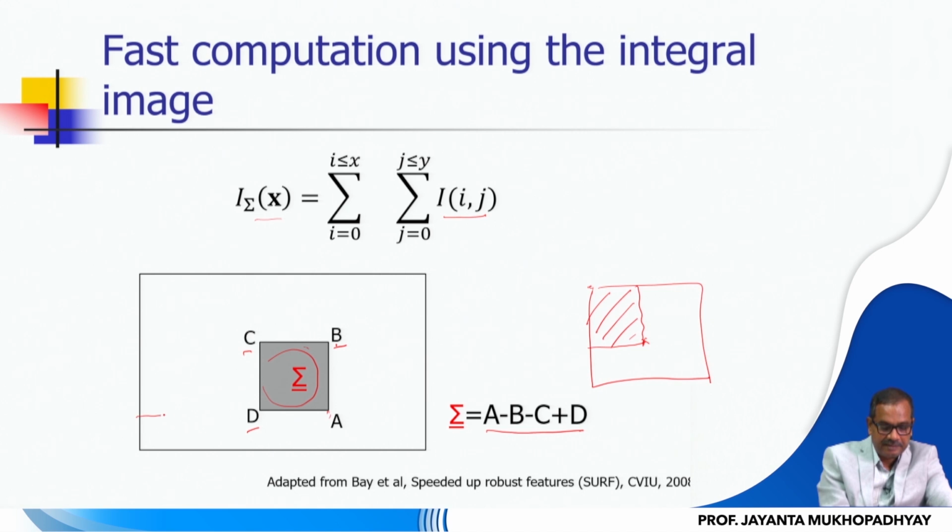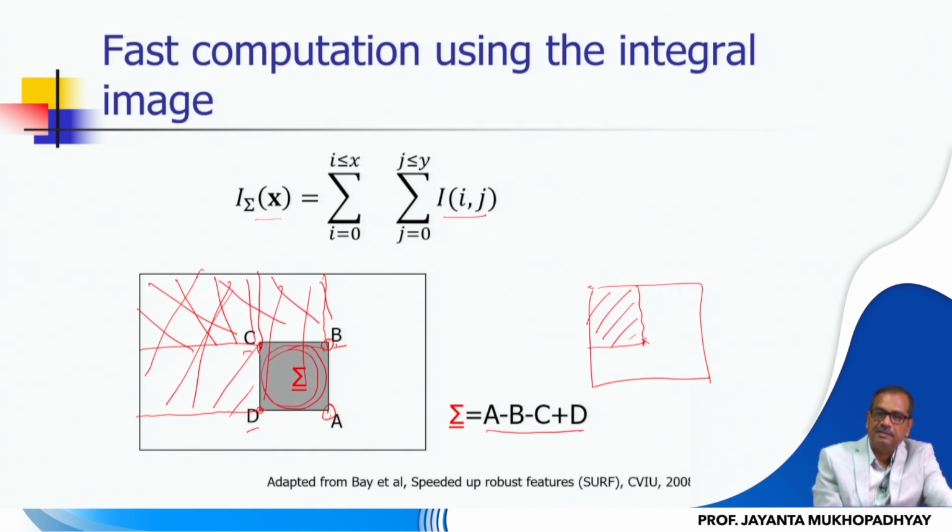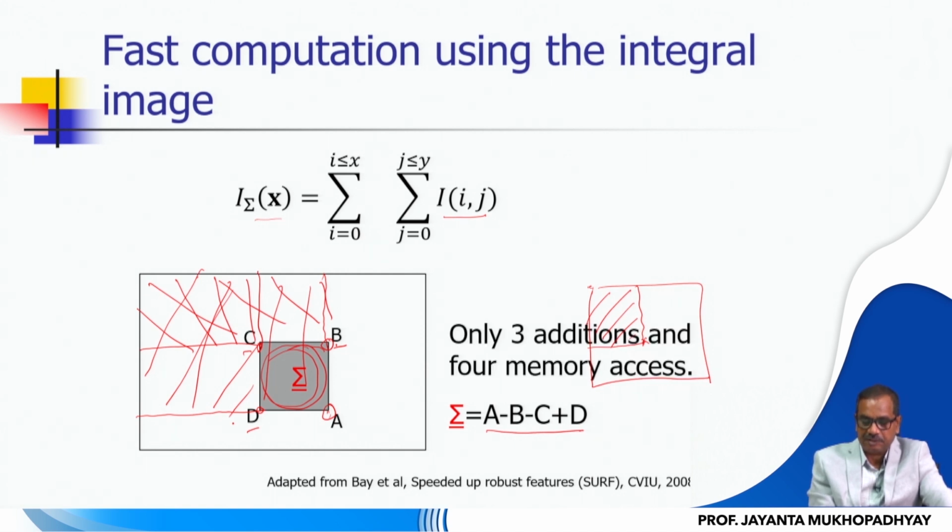This value means I am taking the sum of this area, this value means the sum of these areas, and these values mean the sum of these areas. If I remove the intersection part, only the values which are counted once remain, which is the sum of these values. You can check it. It requires only 3 additions and 4 memory accesses.